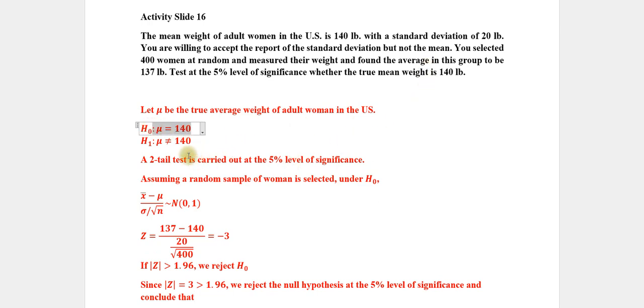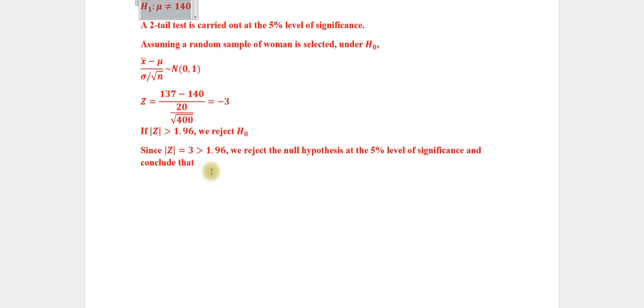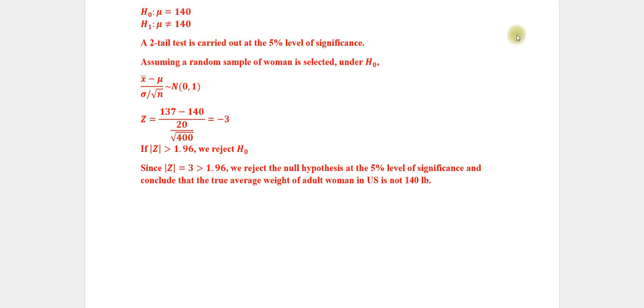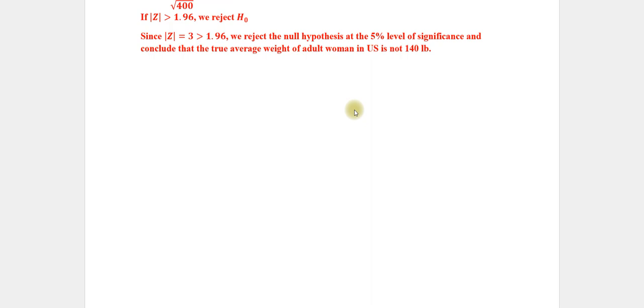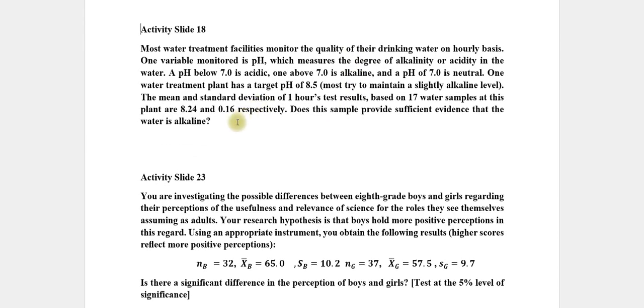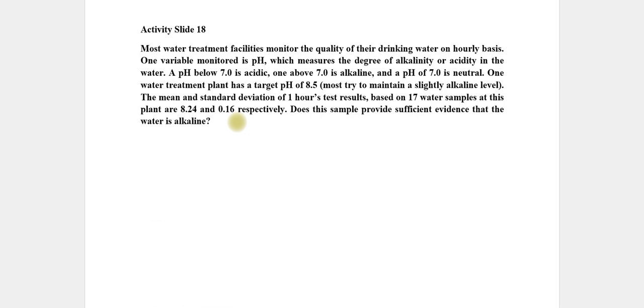Because we have rejected the null, we are saying that it is not equal, and conclude that the true average weight of adult women in the US is not 140 pounds. So that is all for this question. We move on now to the next question, which is slide 18.